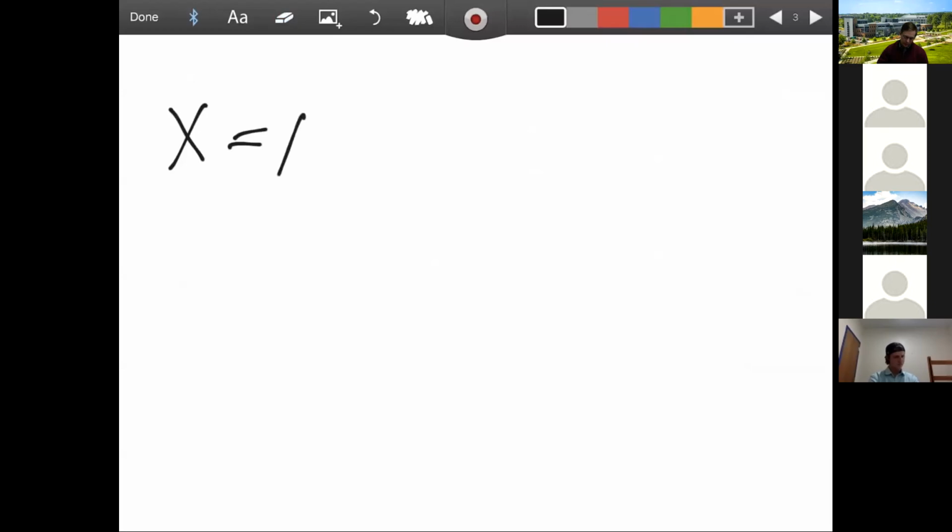X equals the mean plus or minus the standard deviation times the Z-score, right? And so what this is saying is, if we know the population mean, we know the population standard deviation, and we've got a Z-score, what is that X value that corresponds to that Z-score?